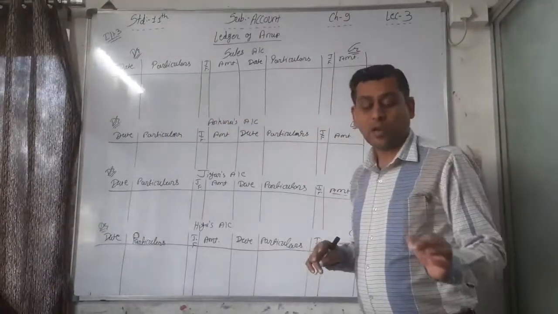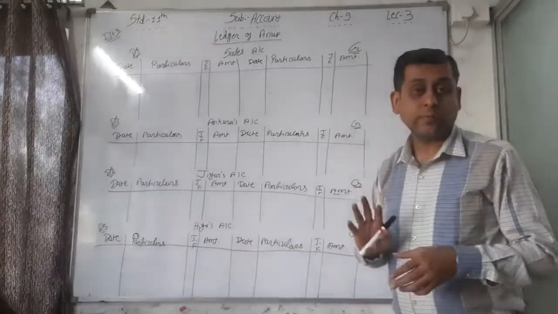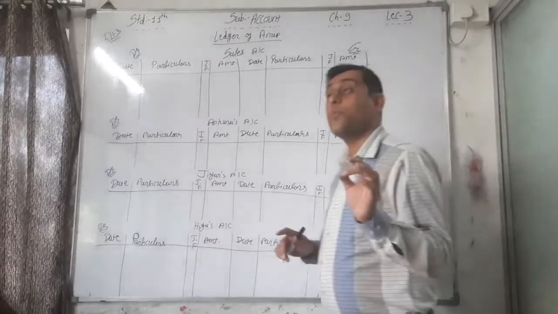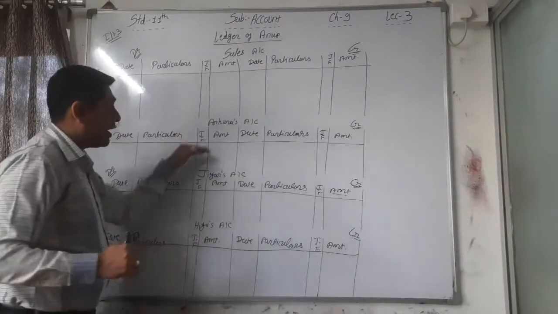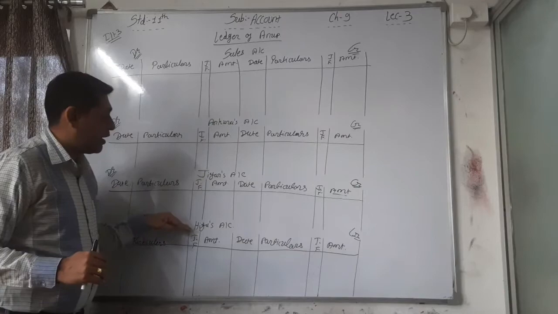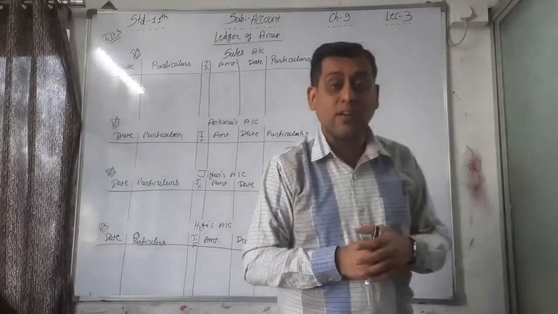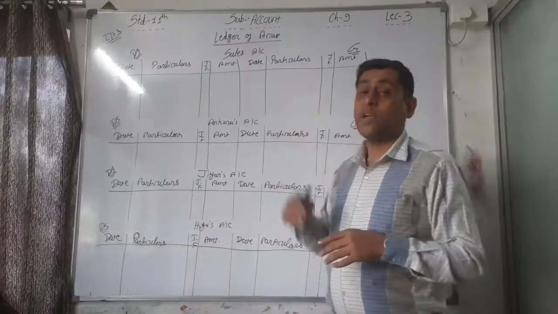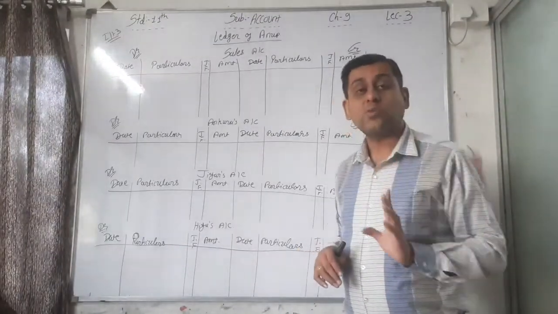We just have to record by sundry debtors account as per the sales book. These all are the debtors of the business. I am selling the goods to these persons, that's why they are the debtors. And debtors are always recorded as by debtors account as per the sales book.